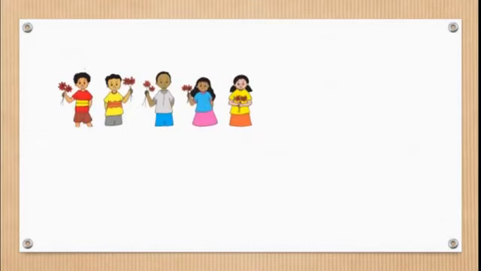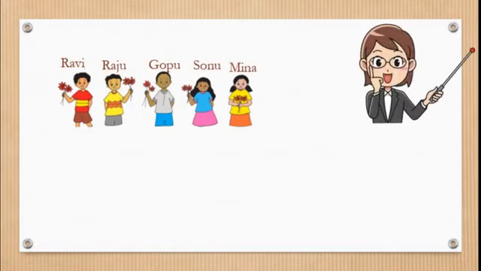Yes, today is Teachers' Day. Okay. There are 5 students. They want to give a bouquet for the teacher. So, all of them brought 2 flowers. Now, Ravi, Raju, Gopu, Sonu and Meena.